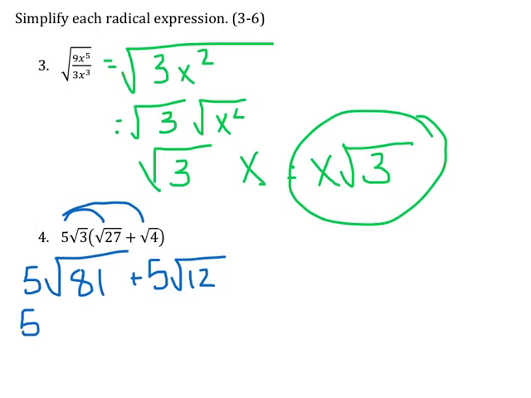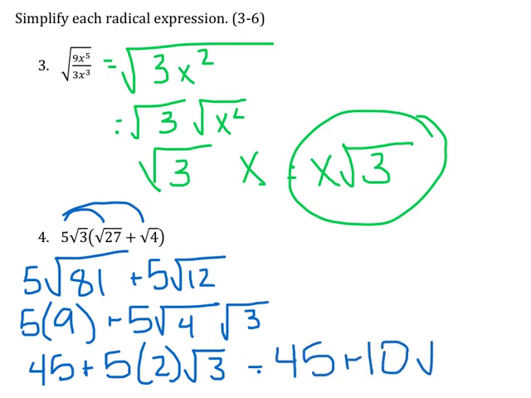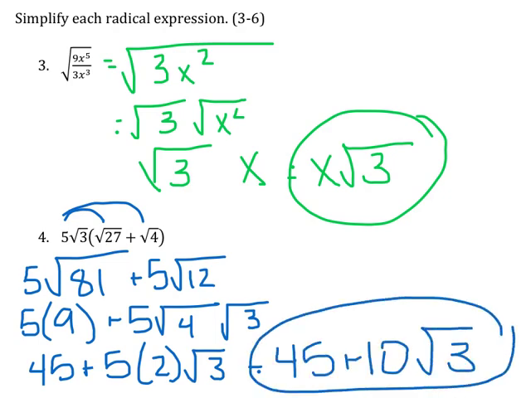Square root of 81 is 9, so that's 5 times 9, plus 5 times square root of 12, which can break down to be square root of 4 times the square root of 3. So we get 45 plus 5 times 2 times the square root of 3, which becomes 45 plus 10 square root of 3.